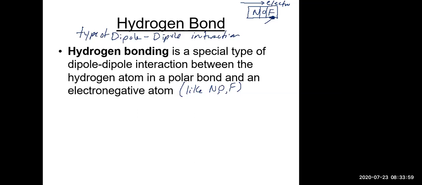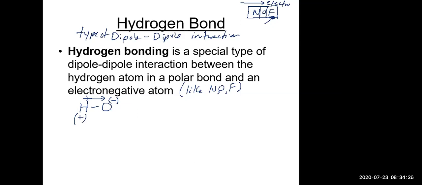That's really important because when you have a hydrogen bound to a nitrogen, an oxygen, or a fluorine, it creates a separation of charge. So when you have hydrogen and oxygen, the oxygen being more electronegative is more negative on that side, more positive on the other side. And again, that is the way molecules can interact with each other.